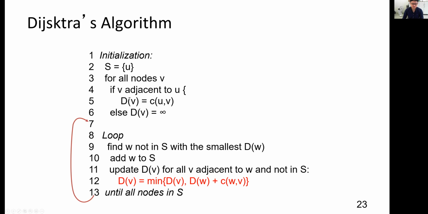For all nodes V adjacent to U, this is one-hop information, else it is initially infinity. Then loop: while there is a W not in S with the smallest distance, add W to S. So S is extended with the new member, then update the distance to nodes adjacent to W and not in S, taking the minimum cost over the neighbors at 1 hop, 2 hops, 3 hops. The distance value will keep increasing with the smallest value.